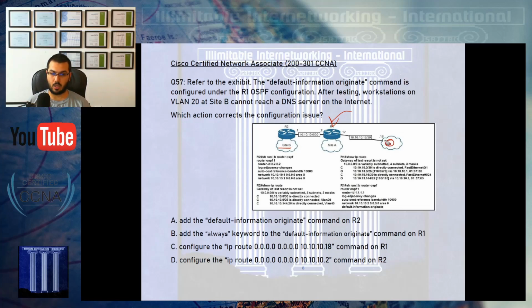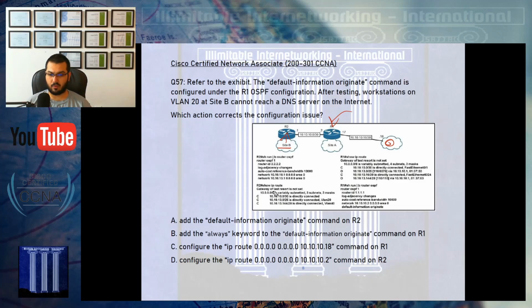So it seems that those guys are reaching their router, and after configuring OSPF between these two routers, the packet is stopping here and is unable to reach R1 and thus the internet.